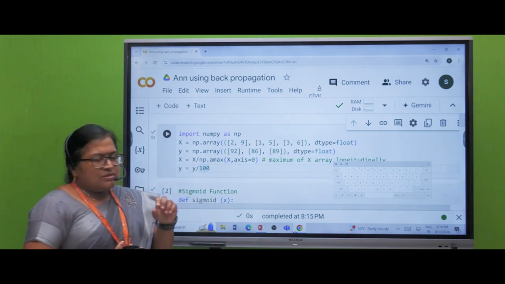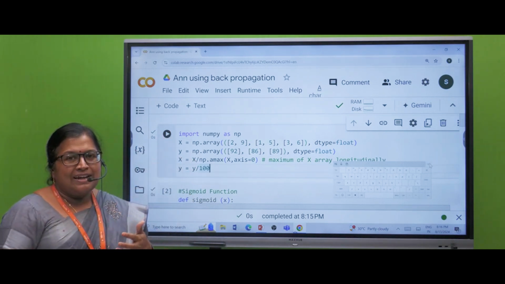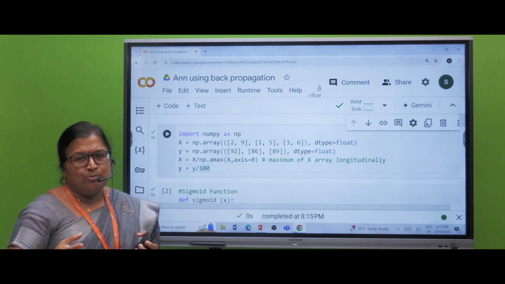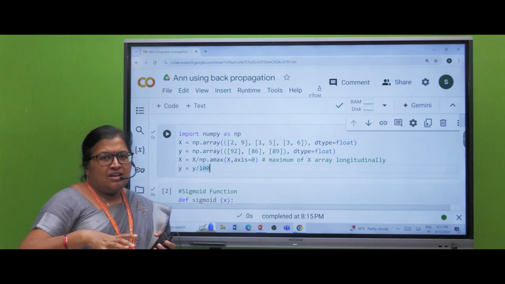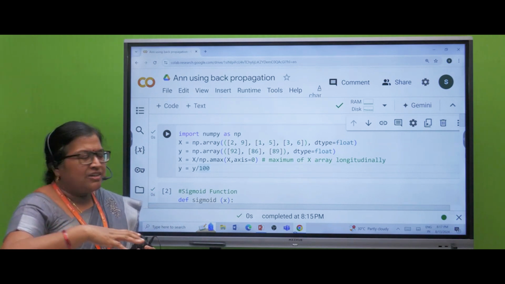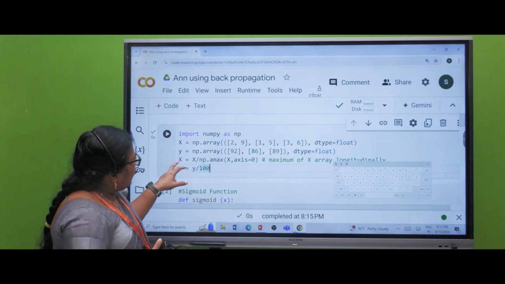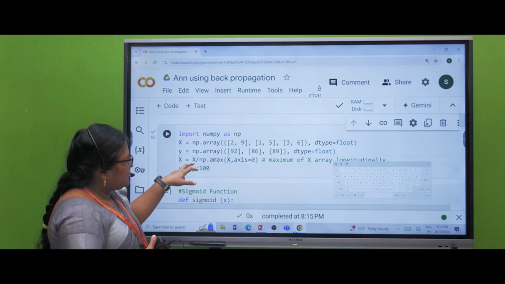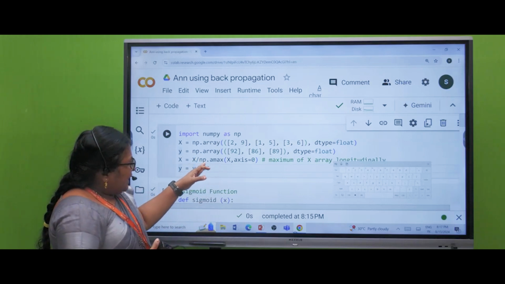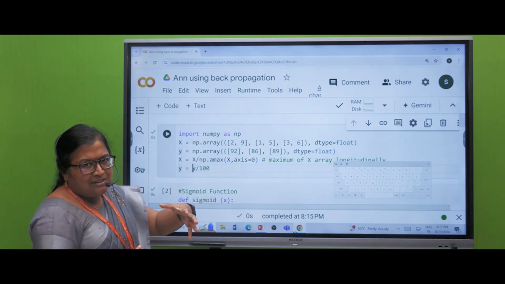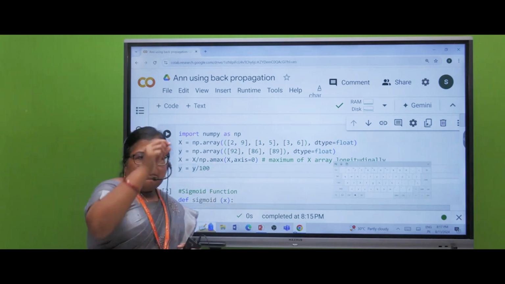Now, I already told you one step is normalization. When you get a data set, the first thing is you have to make all the data points in the data set consistent. For that you have to apply normalization techniques. Here I am giving a formula: whatever input feature X I am taking should be divided by np.amax. NP is nothing but NumPy, for numerical work, and amax is the maximum in that particular column.